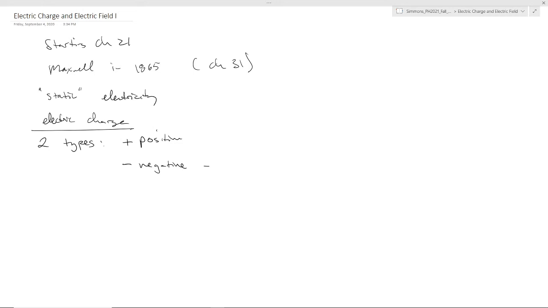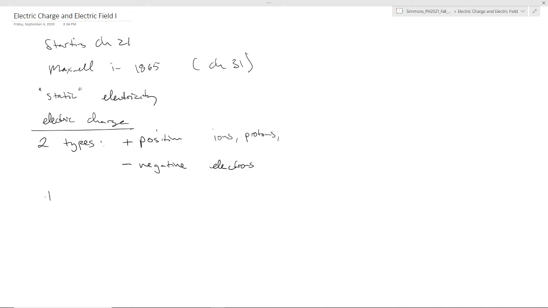Often we're talking about electrons. In terms of positive charge, that could be positive ions, or it could be protons, as an example.